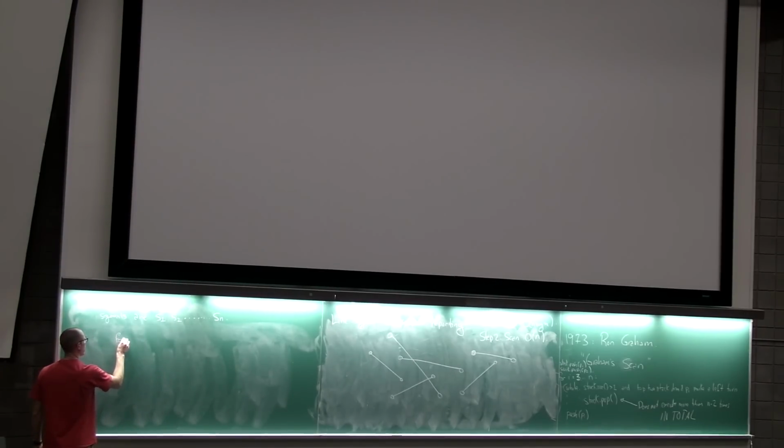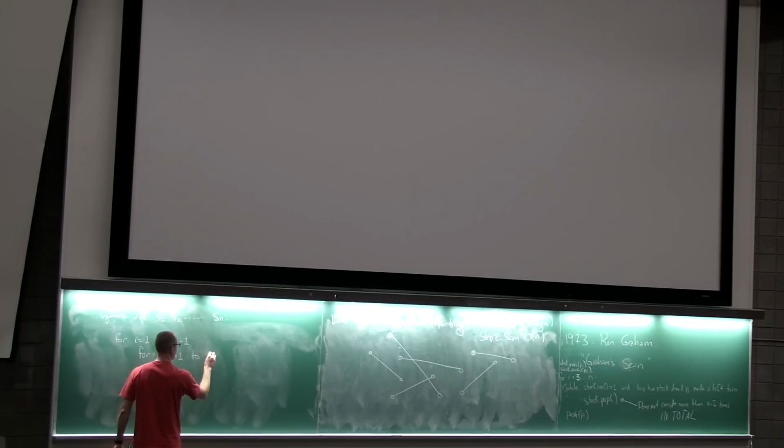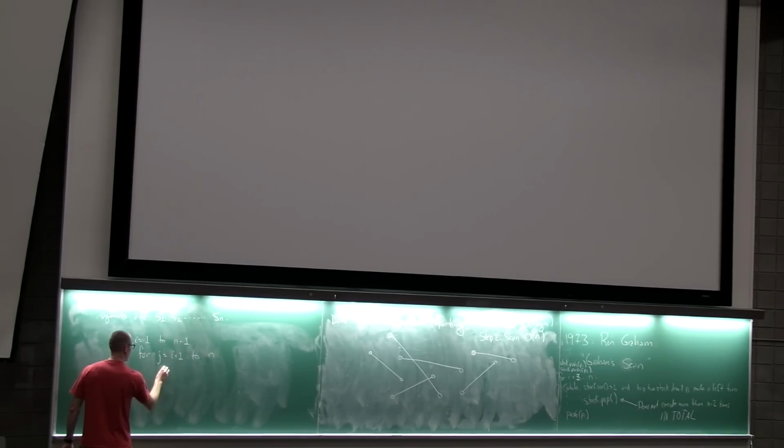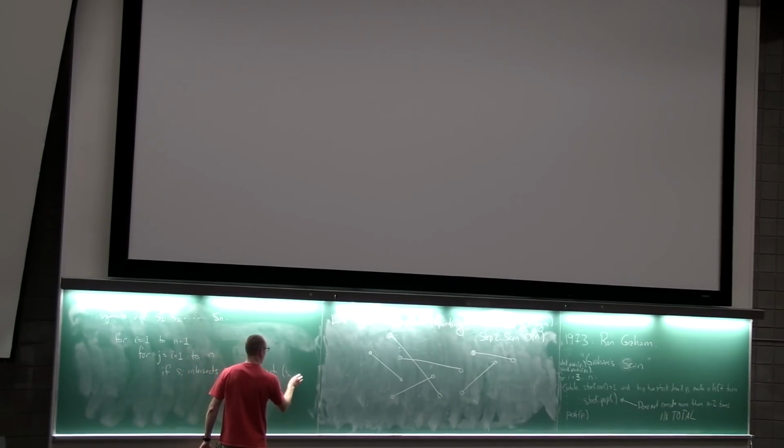Then I can say for i equals 1 to n minus 1, for j equals i plus 1 to n, if Si intersects Sj, then report the pair Si, Sj.